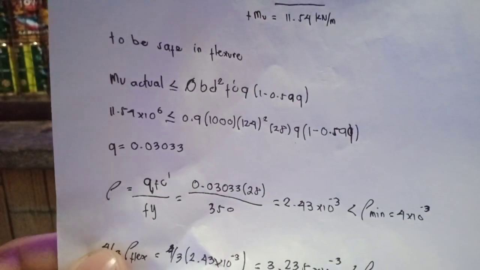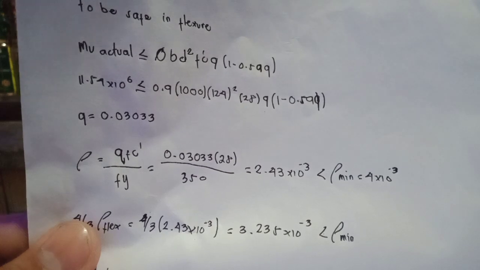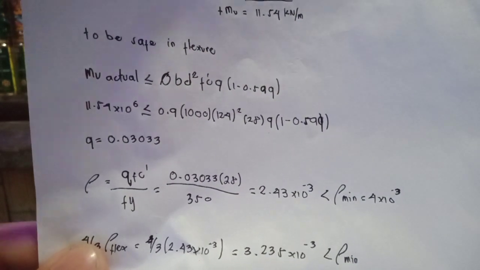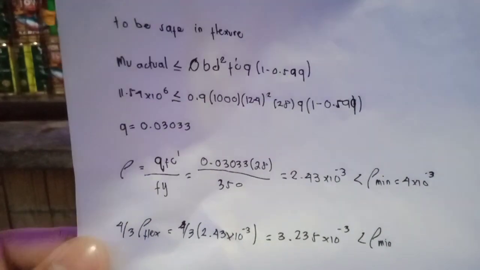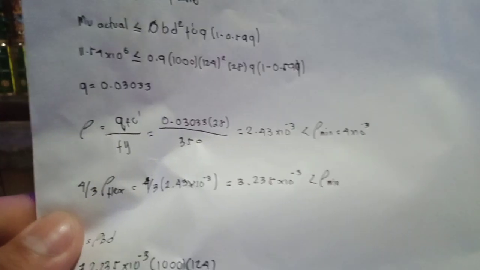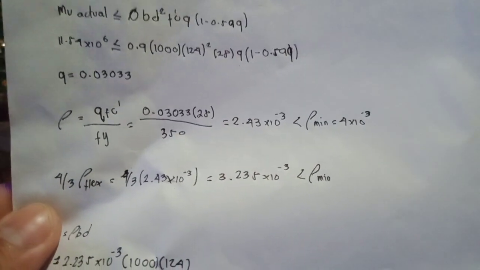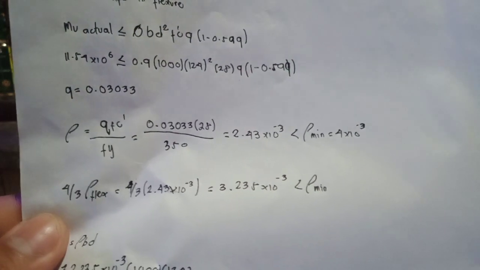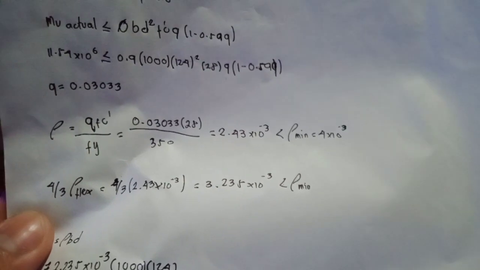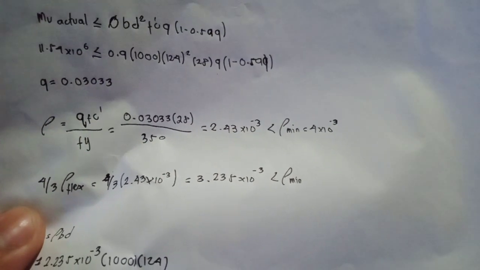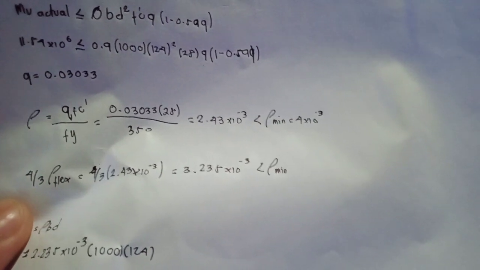So the answer is equal to 2.43 times 10 raised to negative 3. And using the one-third rule of rho from lecture, 4 over 3 times rho, 2.43 times 10 raised to negative 3, is equal to 3.23 times 10 negative 3.